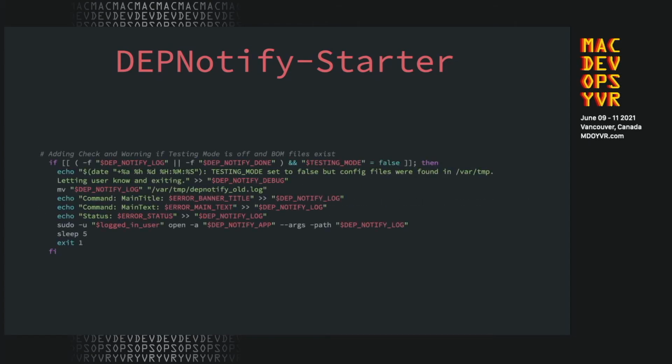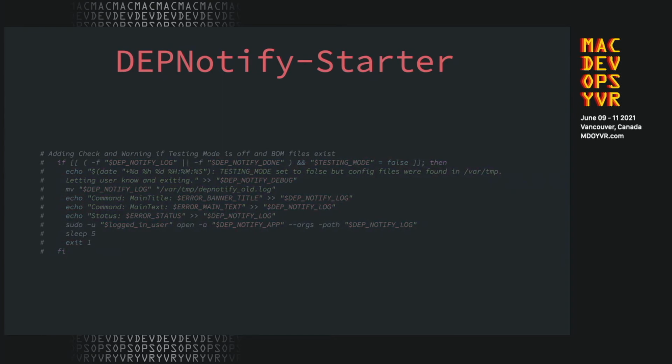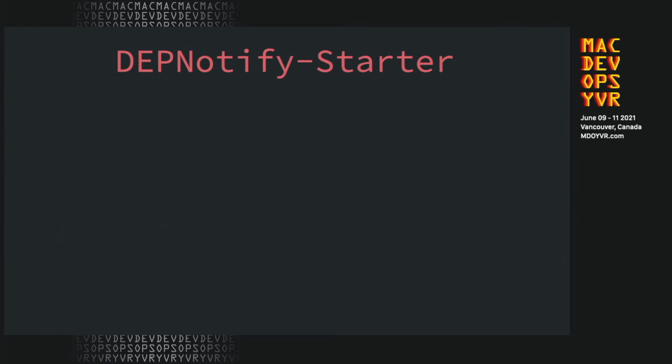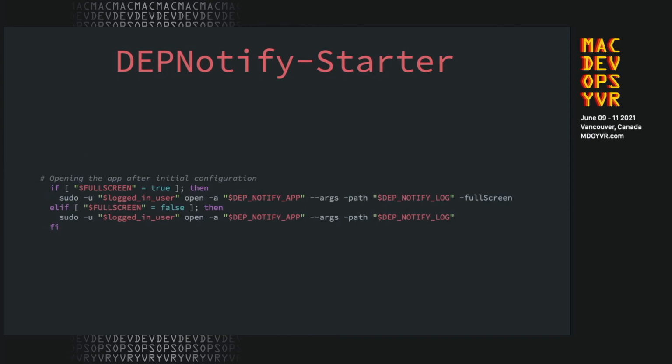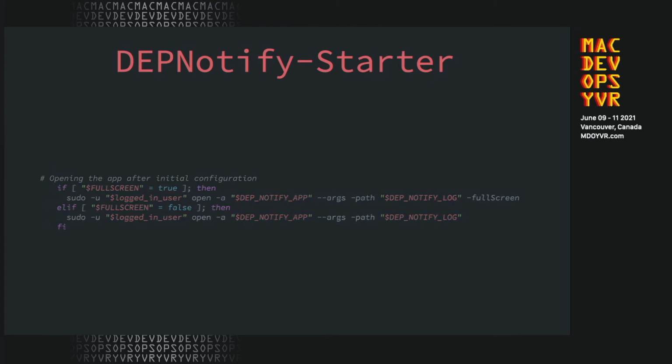I also comment out this section as we don't want the script, that's the depnotify-Starter script, to error out when there are already kind of bomb files and log files present on the device. We've put those files there on purpose. And finally, we don't need depnotify to launch. We launched it already as part of the Prestarter script, as part of that PreStage enrollment.